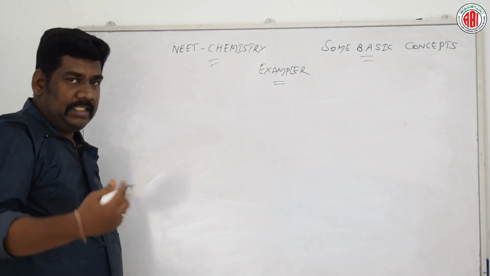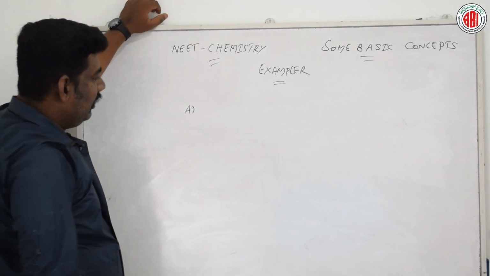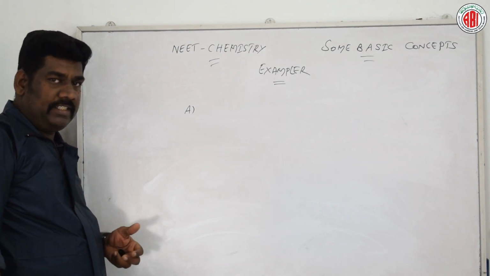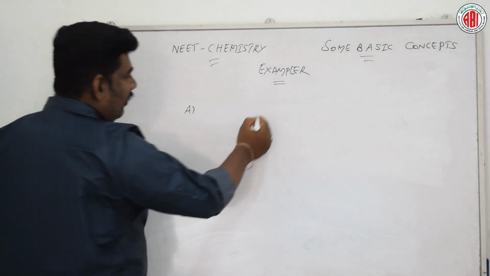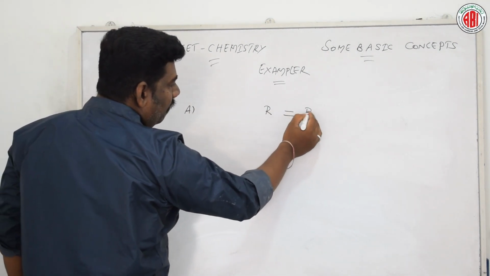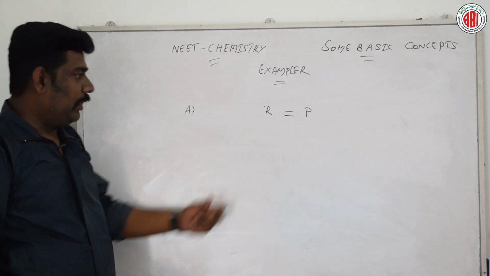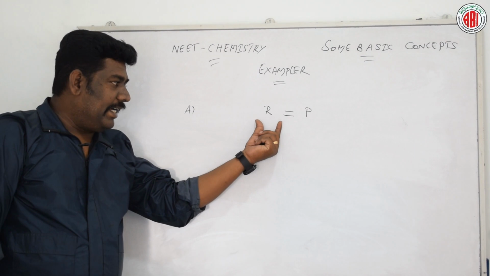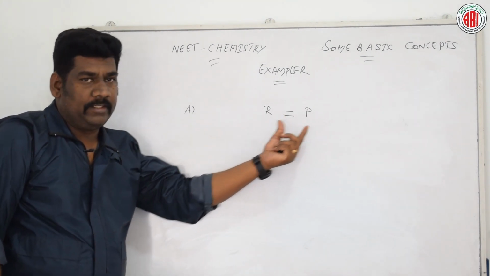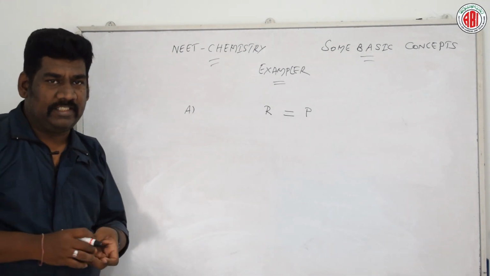First of all, we know the law of conservation of mass: whatever the reactants in the chemical reaction, that is always equal to the product we are gaining or yielding. So in a chemical reaction, whatever reactants are there, that is always equal to the product. This is the basic principle of the law of conservation of mass.